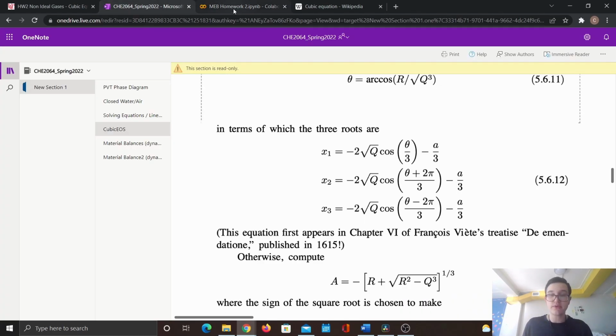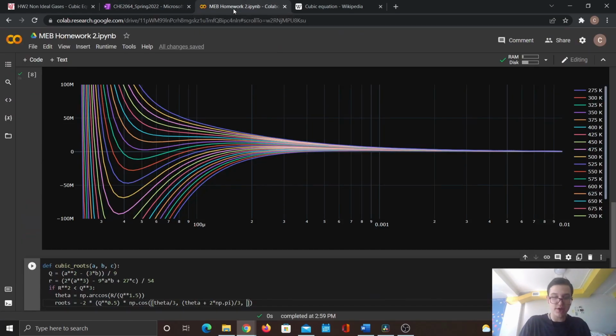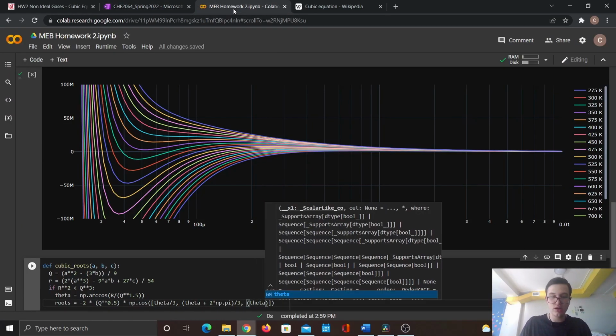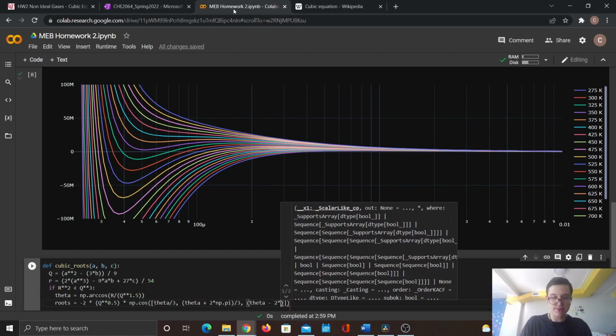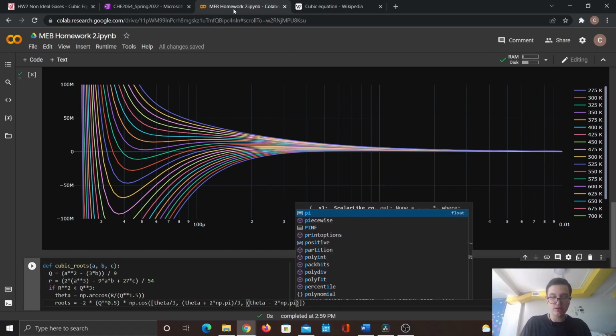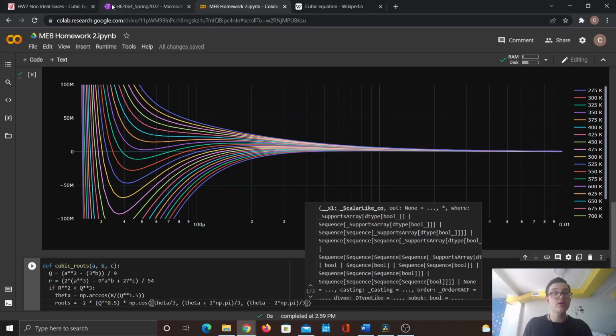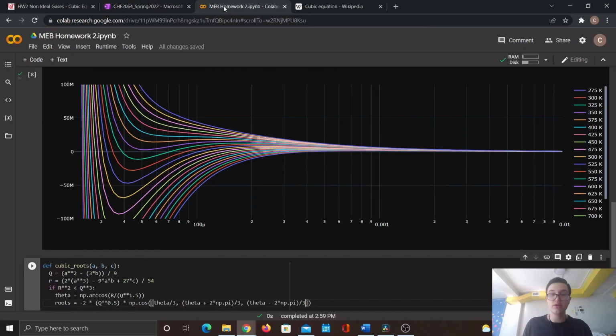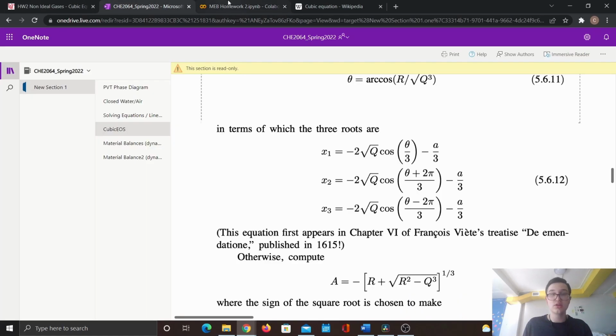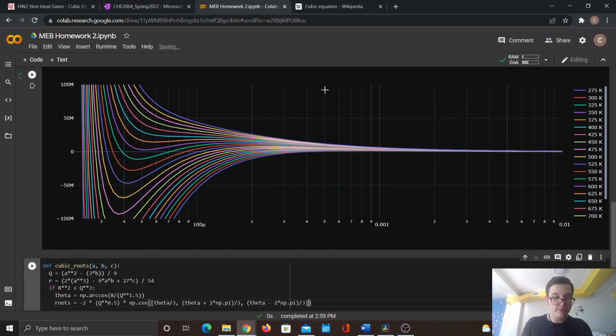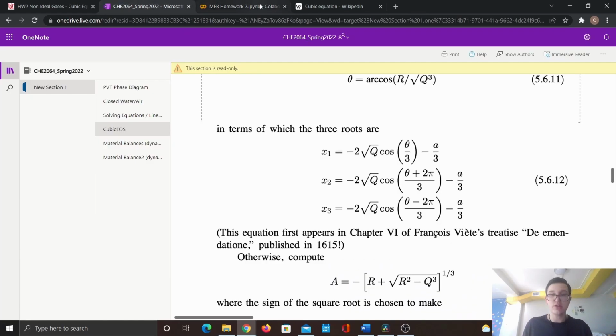One more separation for one last value, and then it's just theta minus 2 times np dot pi divided by 3. And then all of this is subtracted by a divided by 3.